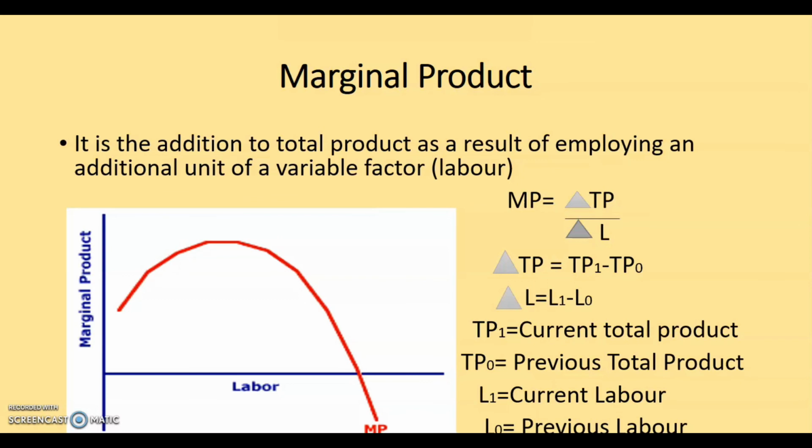So if we fix the variables into the main formula, the marginal product is equal to the current total product minus the previous total product, all over the current labor minus the previous labor. So that is the mathematical representation, or the formula, for calculating the marginal product.